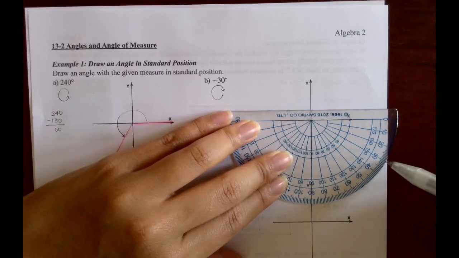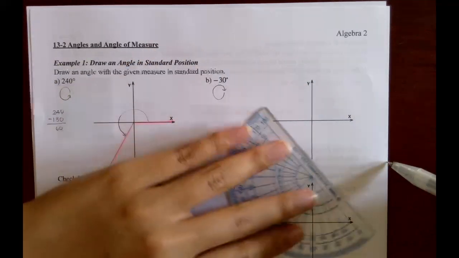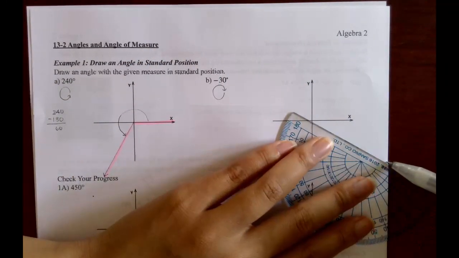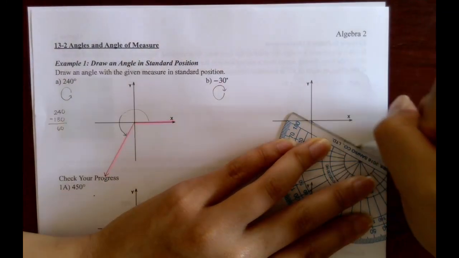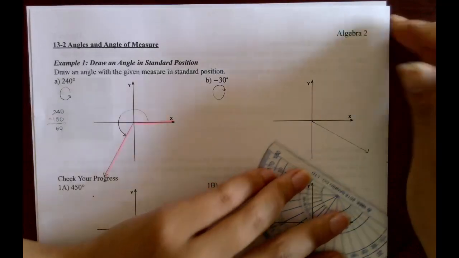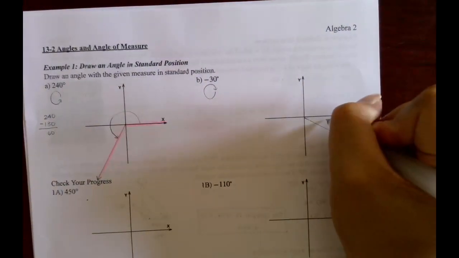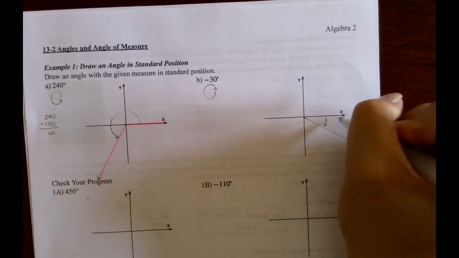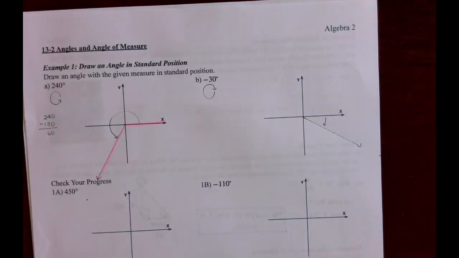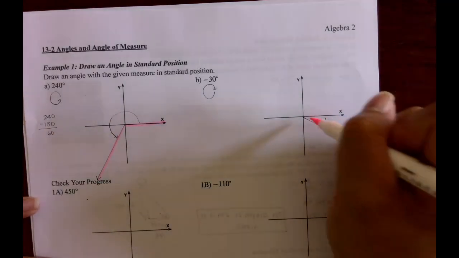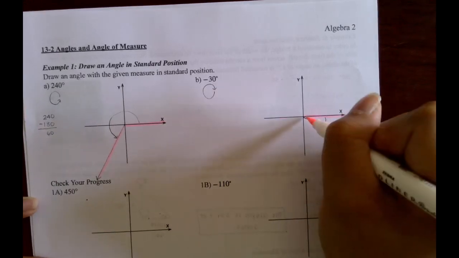So that's here. I'm going to put my pen there to hold that spot, and then I'm going to connect. There you go. This negative 30 is from here to here: initial side, terminal side. So you see my angle.